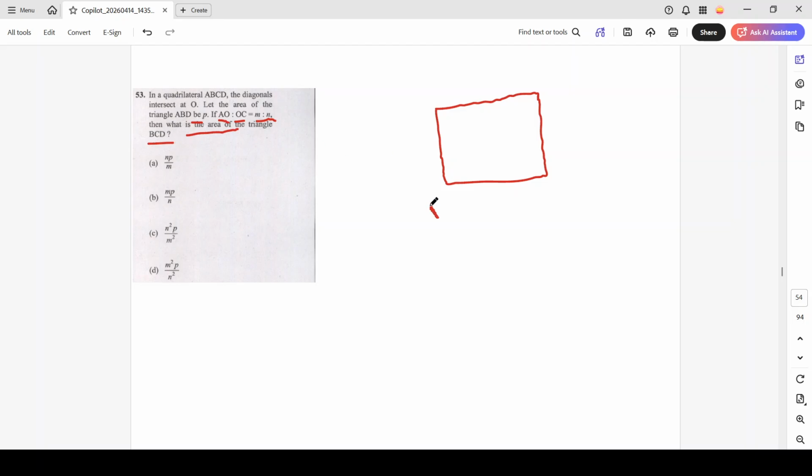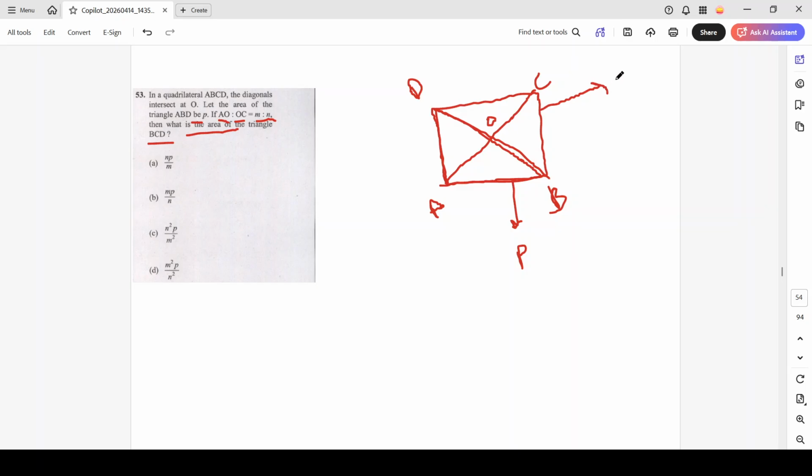So first of all, we need to draw quadrilateral ABCD. Now we draw the diagonals of this quadrilateral ABCD, and these diagonals intersect at O. We have been given that the area of triangle ABD is P, and we have to find the area of BCD.